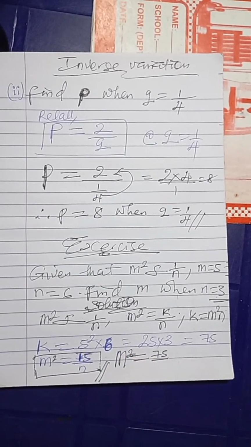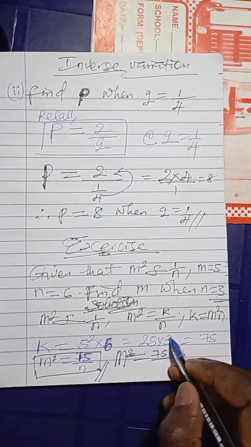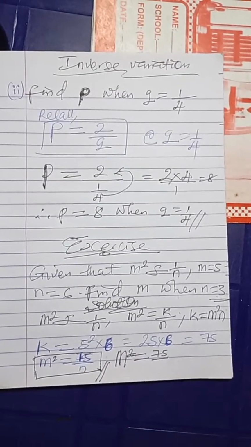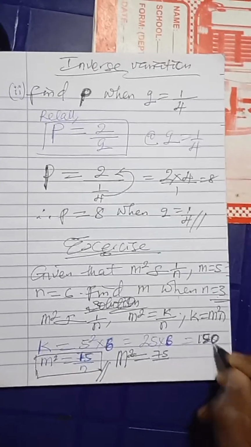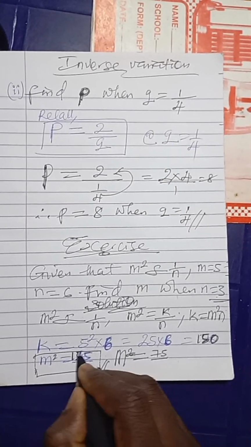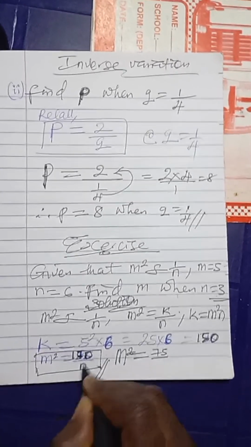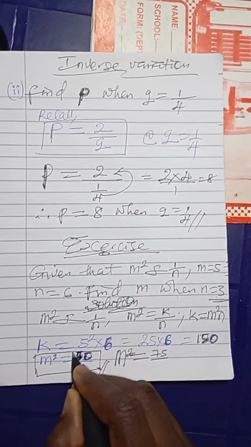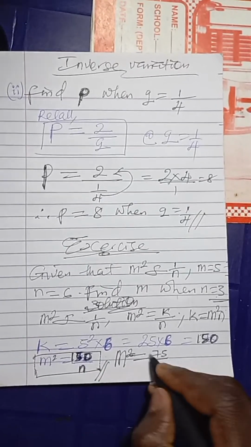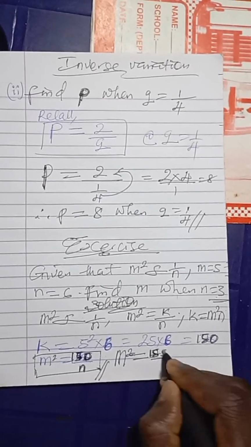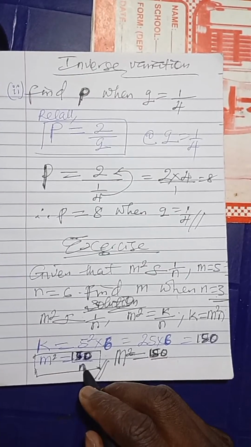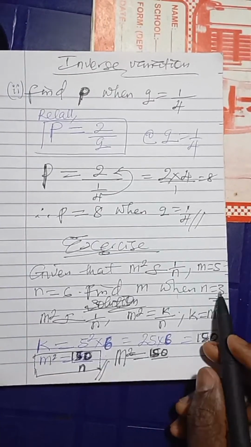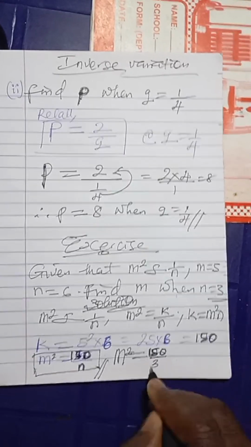Okay, so that you have your 25 times 6. Okay, this is 6 again. You have 150. So this is what we are going to write here: 150 over N. Good. So M squared is 150 divided by our N. What is the value of N? N is 3 now. Do you see when I realized that small mistake we made? 3.